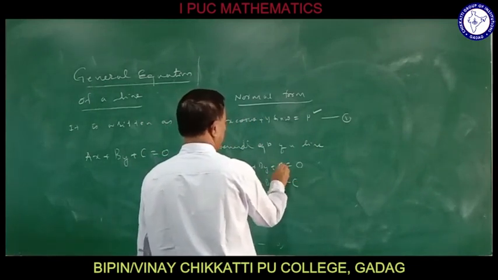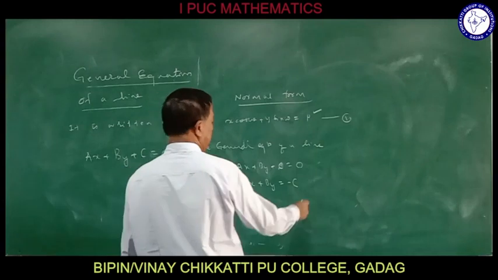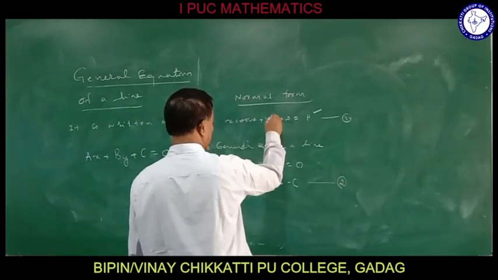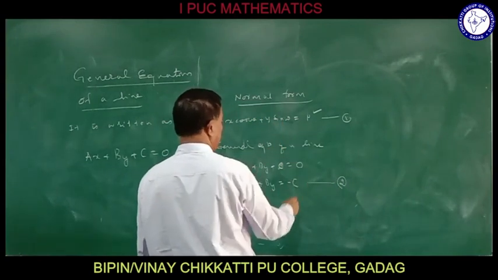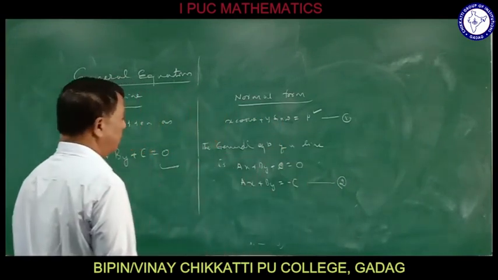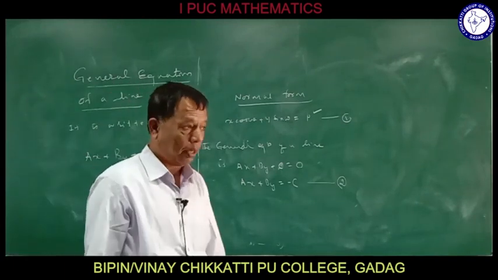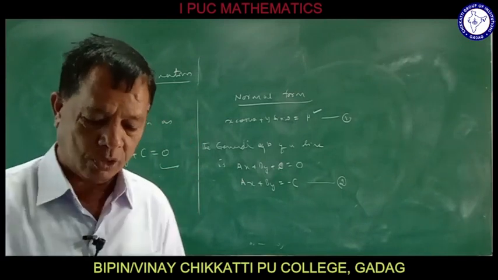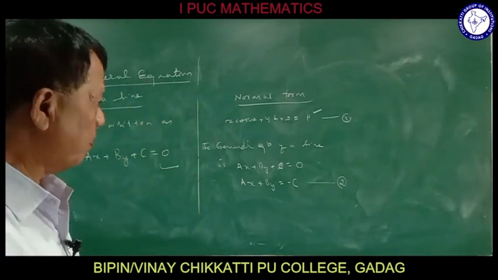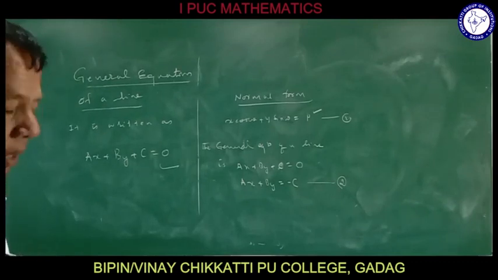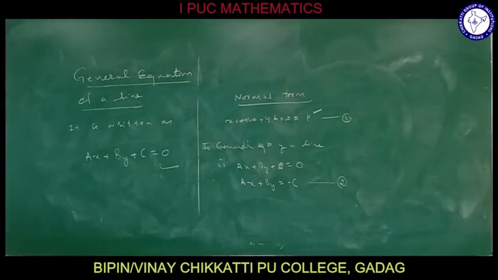Try to understand minus c. And look at this equation number 2, x cos omega plus y sin omega equal to p. But the thing is how to compare the coefficients. So when ax plus by is equal to minus c, comparing the two equations 1 and 2, the coefficients are proportional.